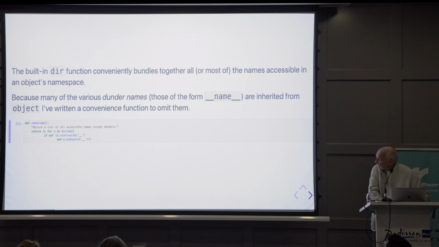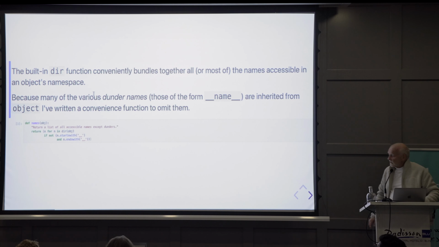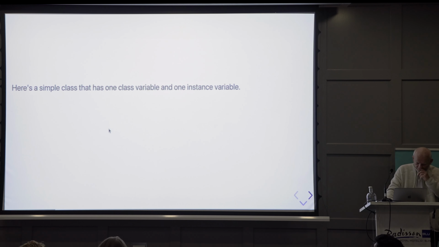And so I've written a convenience function, and I'm sorry, I couldn't find a way to make the code appear larger here, so you may well need to go to the GitHub repository at the URL to see the code. But basically, all I'm doing is, if I'm given an object, I take its dir and I simply omit all of the names that begin and end with a double underscore, the so-called dunder names.